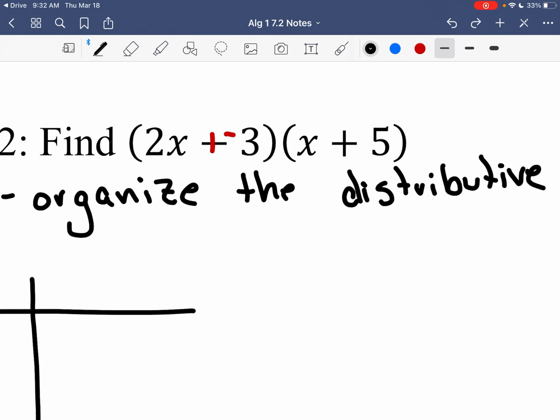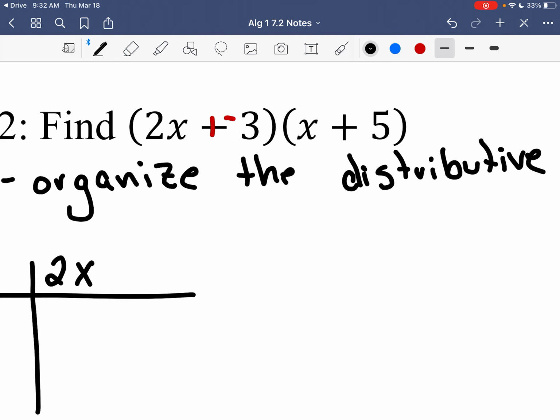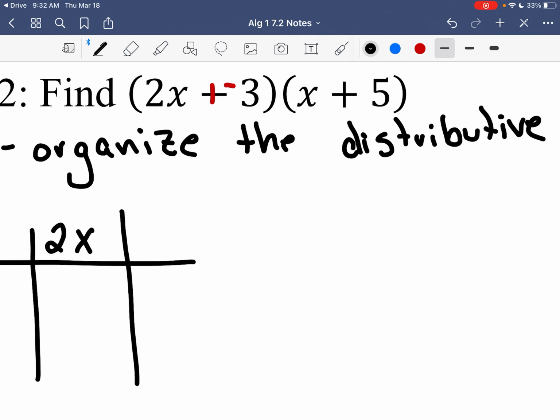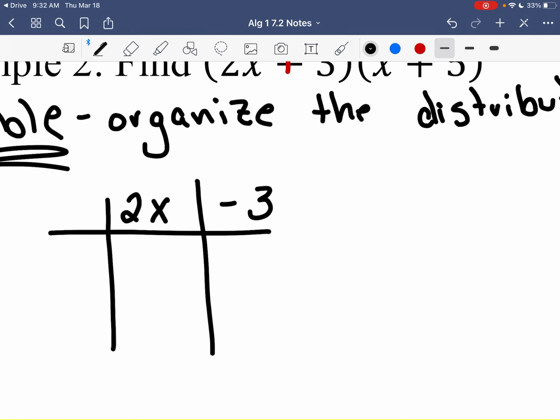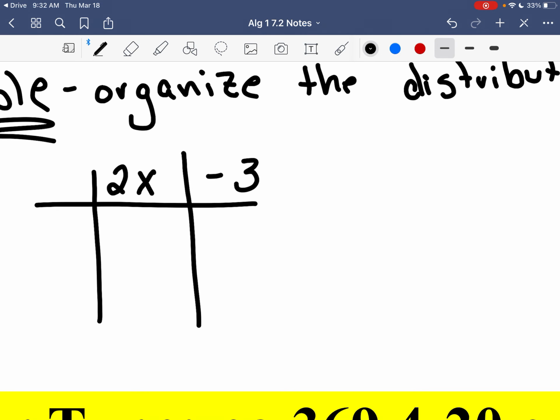We've got a monomial of 2x, so I'm going to write 2x in one column, and then we have one of negative 3. I'm going to write that in the other column. So here we've got 2x and my negative 3. Then over here is where we're going to write the x and the positive 5. Again, we'll have 2 rows. So there's my table.